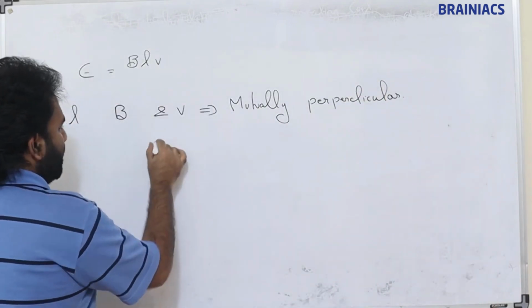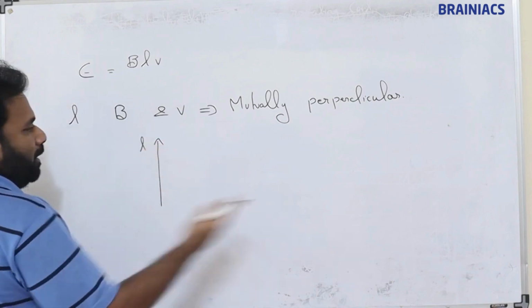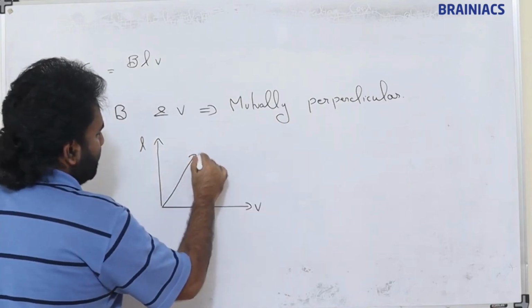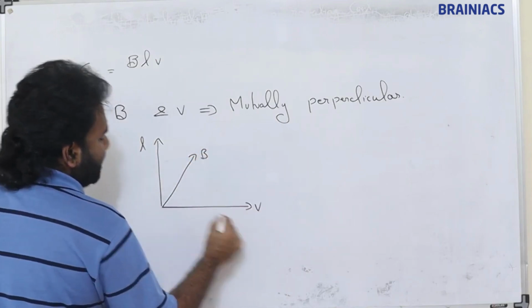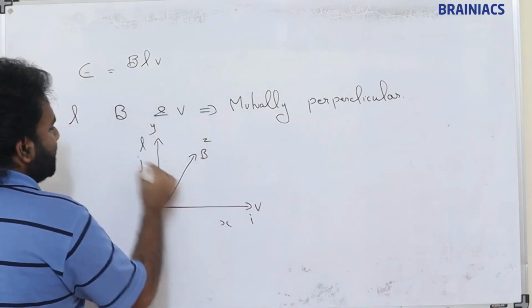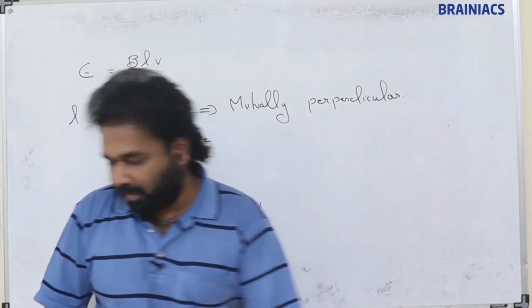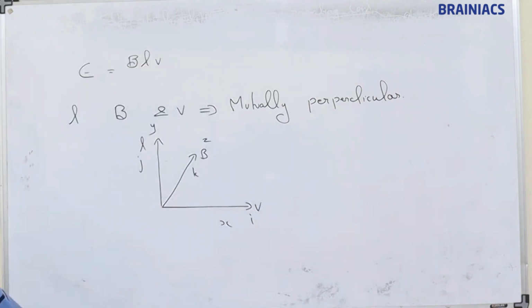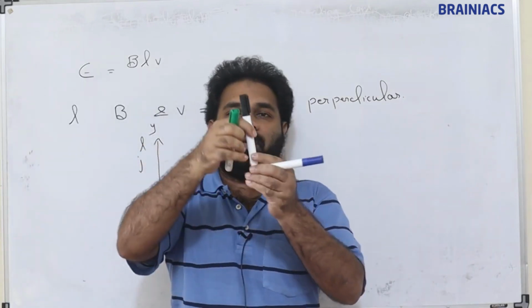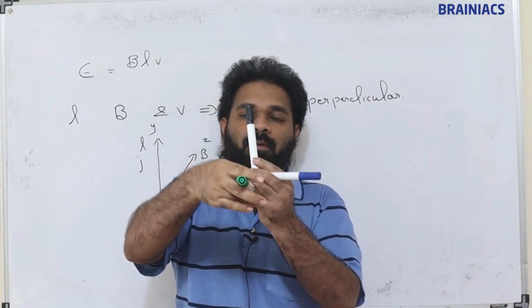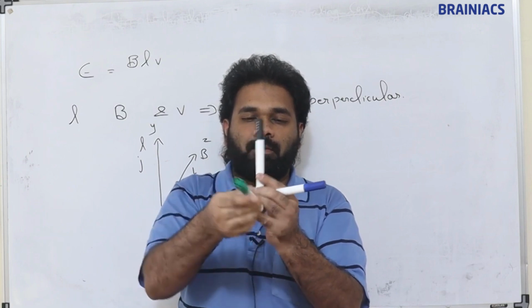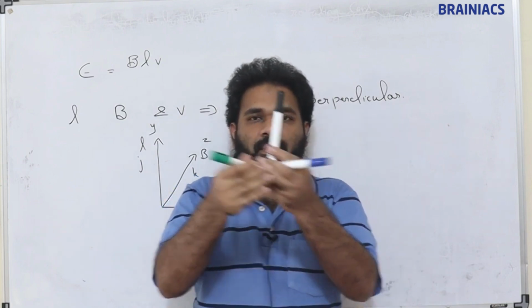Just say for example, if this is L, and if this is V, then this must be B. Suppose this is the x-axis, this is the y-axis, this is the z-axis, or we could say i, j, k. The vectors L, V, B must be in which direction? Suppose this is L, then this must be V, and this must be B. Clear?